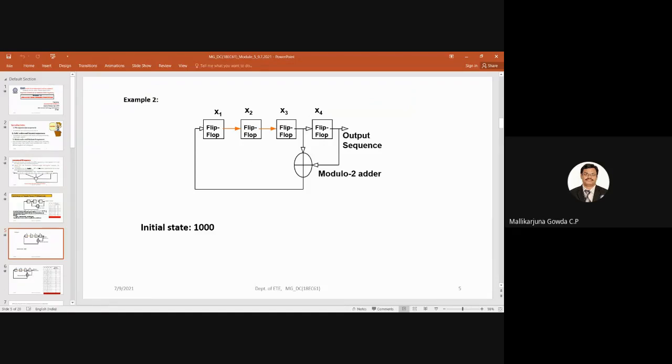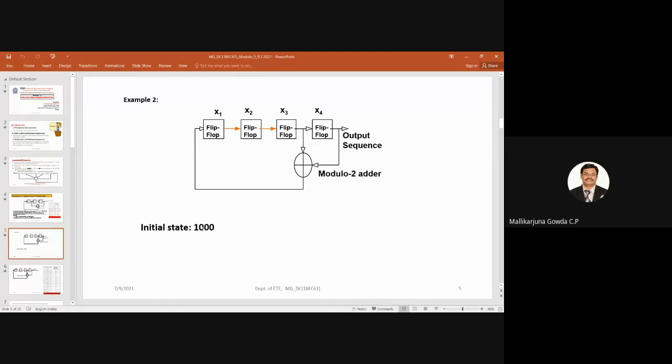Here, 4 flip-flops are there, right? So obviously you can think that 2 power 4 minus 1 will be 16 minus 1, so the PN sequence length will be 15. So 15 bits will be the PN sequence length. And with this feedback, here I am taking the flip-flop 3 output and flip-flop 4 output, doing a modulo 2 operation, and feeding that as input to flip-flop 1, right?